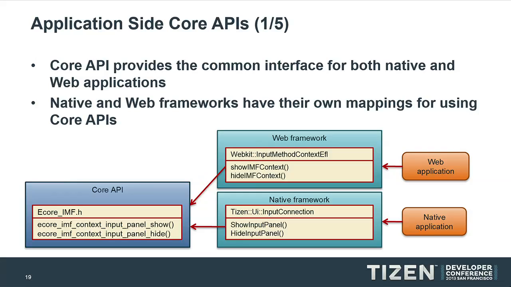And those kind of editable widgets that are provided in the framework layer, they're going to just use those kind of mapping classes on their own. But in some cases, like in native applications, if you don't really want to use those kind of framework provided edit controls, then you may create your own. In that case, you can just use those kind of mappings, the core IMF mapping classes in your application.